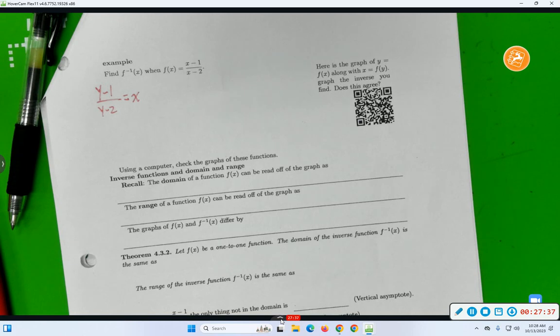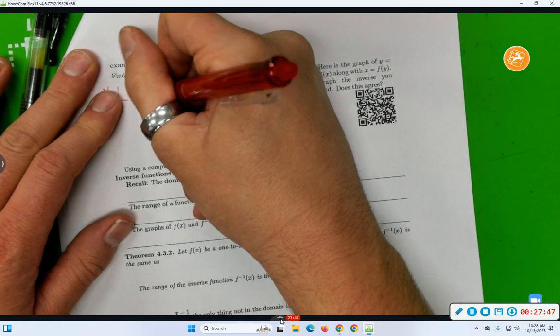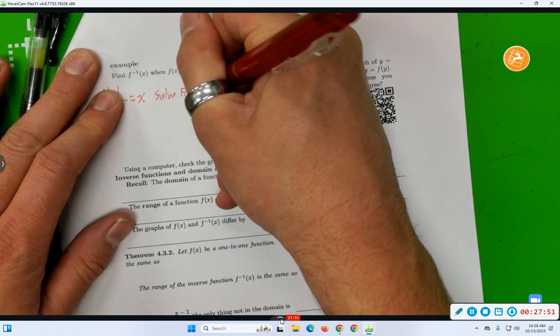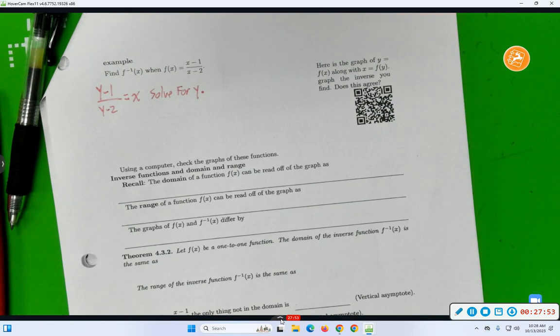So I've swapped the x's and y's because y is supposed to be the output. Now let's solve for the output. Solve for y. All right, so there's the step that is the translation from asking about the inverse function to algebra.